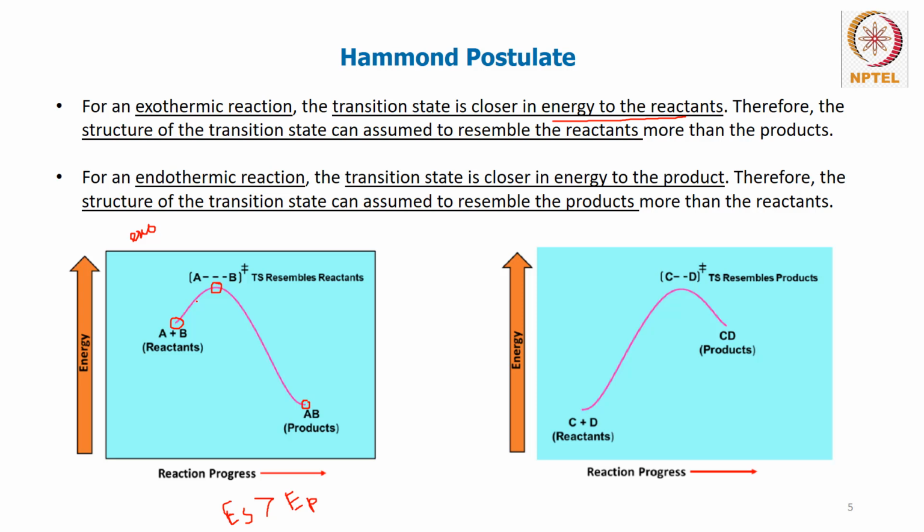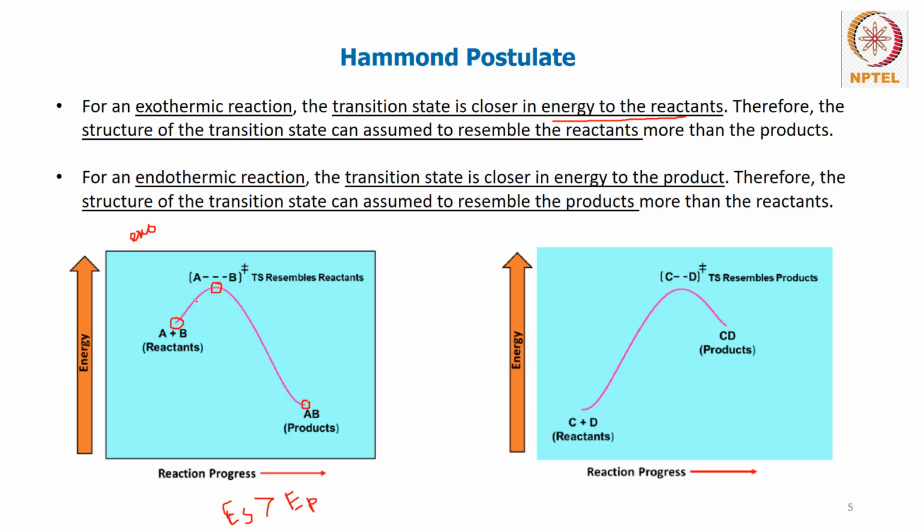In case of an endothermic reaction, the reverse happens, because the energy of the substrate is always less than the energy of the product. That's why it gains energy from the system to take part in a reaction.